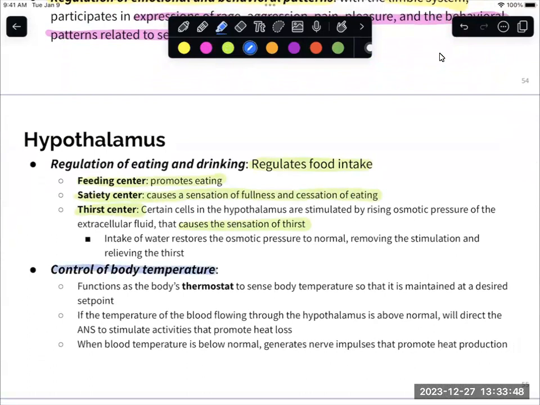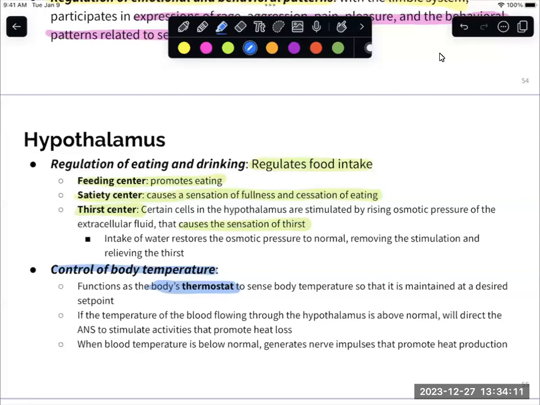It controls your body temperature, so it controls that thermostat in the body. If the temperature of the blood that goes through that hypothalamus is normal, it'll maintain that certain body temperature.